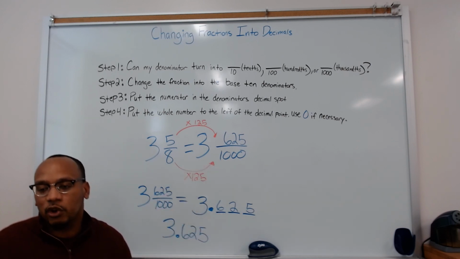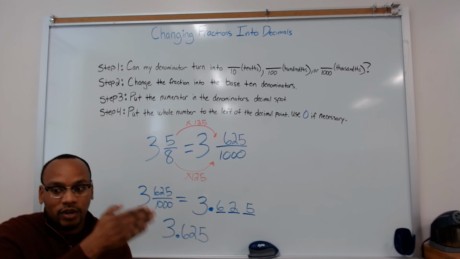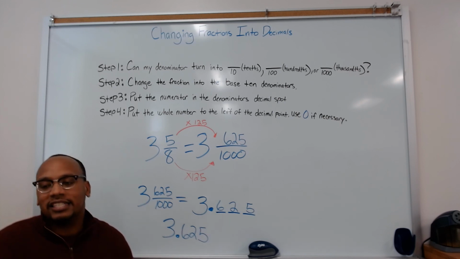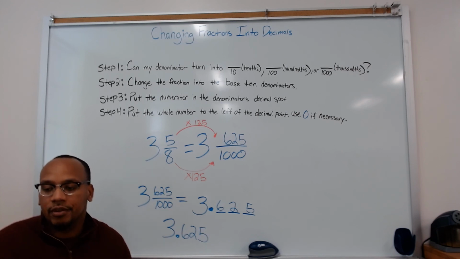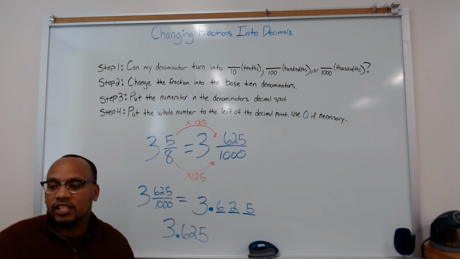So when you have thirds or sixths or ninths or any derivative of 3, you cannot change that fraction into a decimal. You're always going to have an extra decimal part left. All right? So in that case, you won't be able to change that fraction into a decimal.